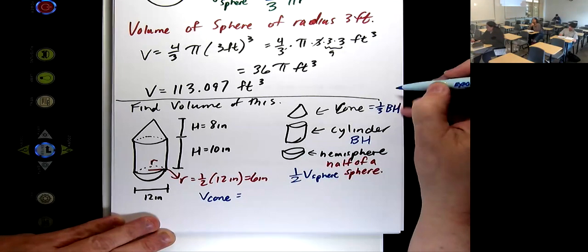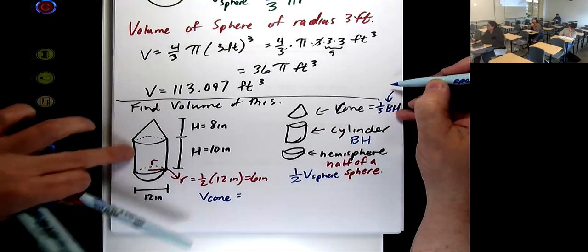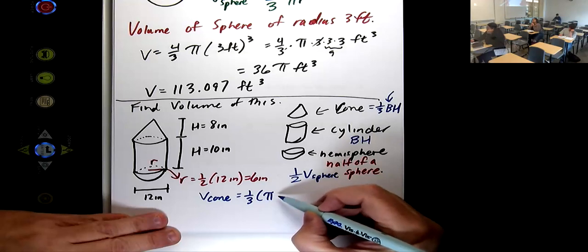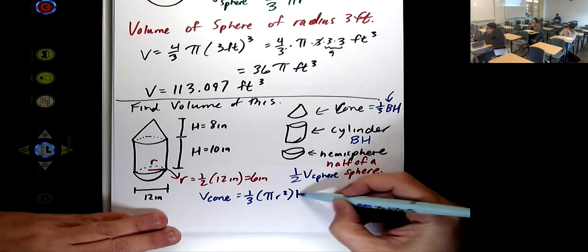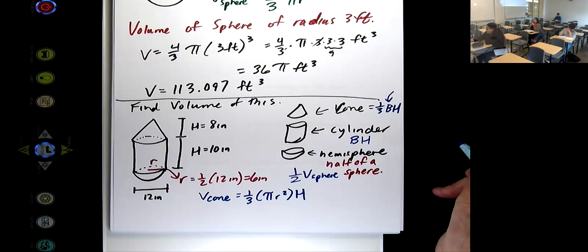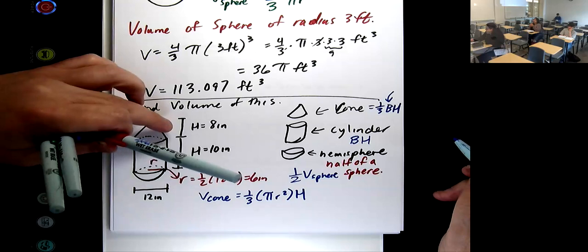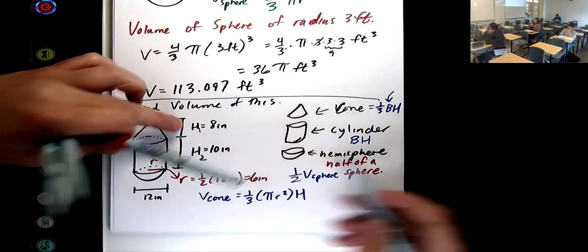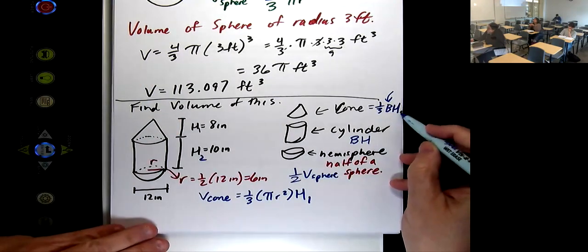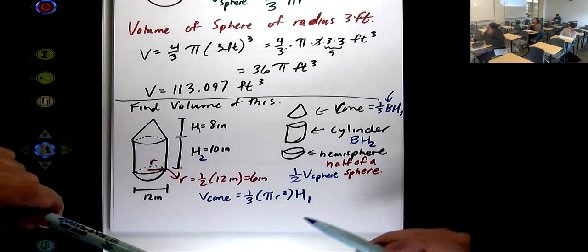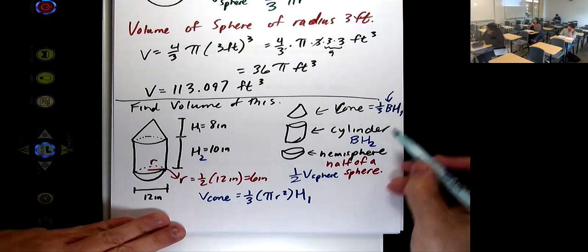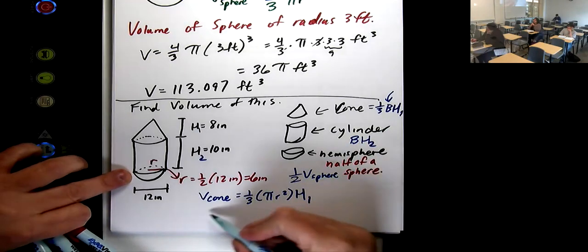The base of the cone is a circle, so the base of the cone is pi r squared. And then we got big H. Say H1, H2. When you do the cylinder, the base of the cylinder is a circle.